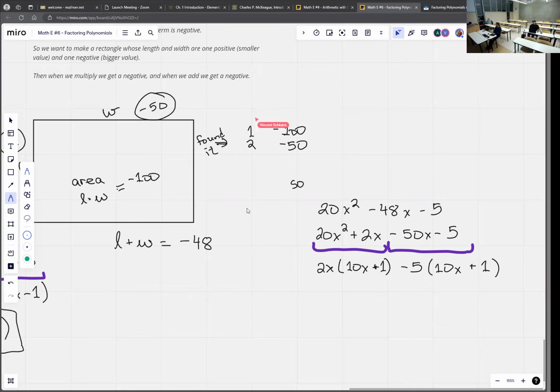And the 10x plus 1 is the same in both of them. So I get the 2x minus 5, the things in front come together, and the 10x plus 1.